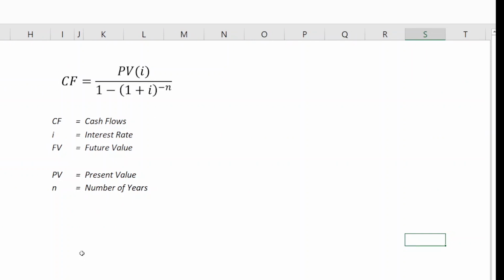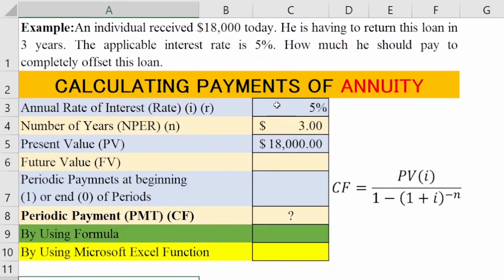Present value times interest rate divided by 1 minus (1 plus I) raised to power minus n. CF is the cash flow, I is the interest rate, PV is the present value. In the same example, we have 5% interest rate, 3 is the number of years, 18,000 is the present value.